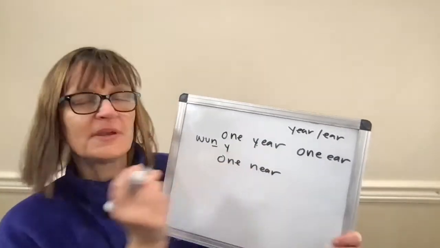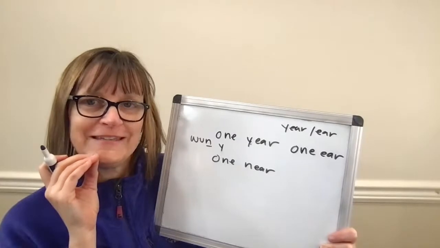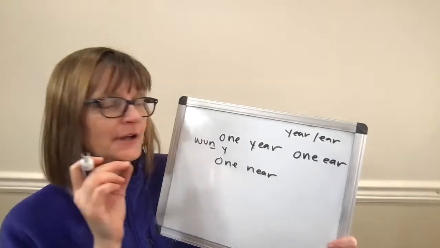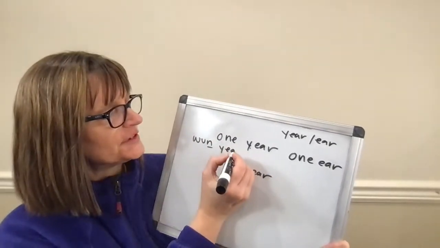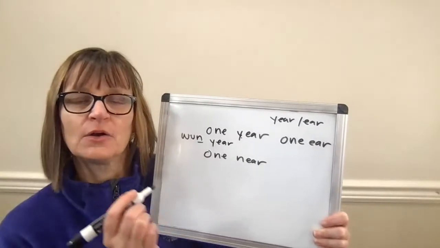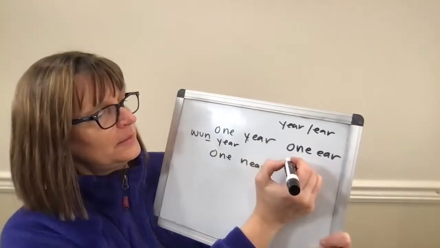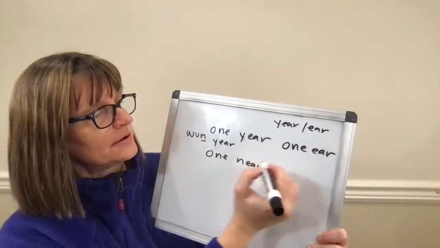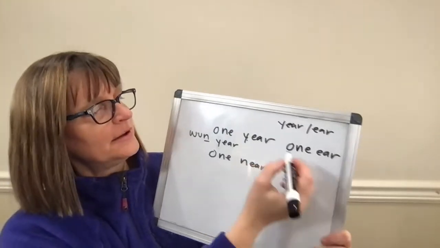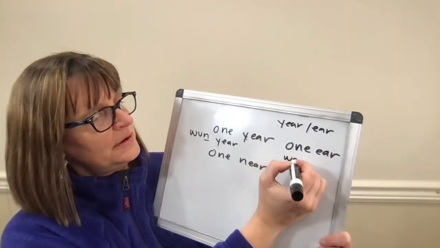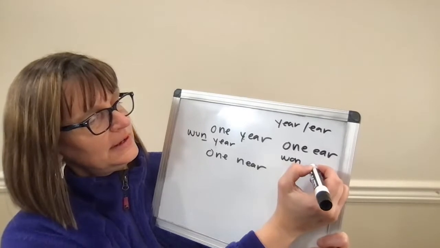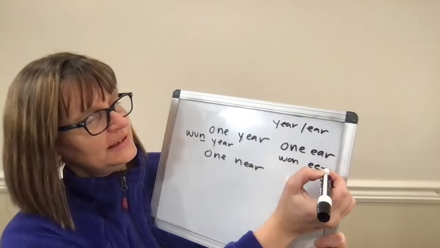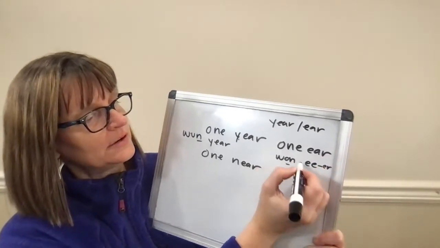One. So make sure you close off 1 year versus 1 ear, 1 near. That's closer to 1 near. So if I'm doing 1 ear, I just have the ear, one ear.